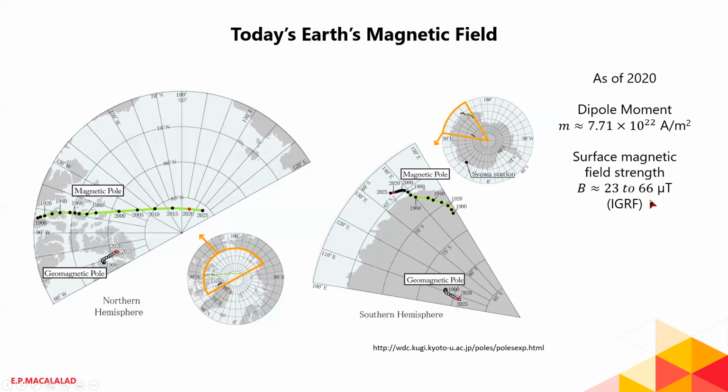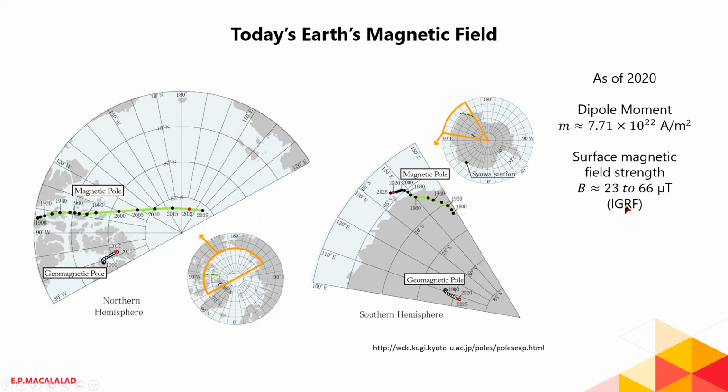So this is about 23,000 to 66,000 nanotesla, which is much higher than the background interplanetary magnetic field. As you already learned, the solar wind carries the interplanetary magnetic field of the order of 10 nanotesla.